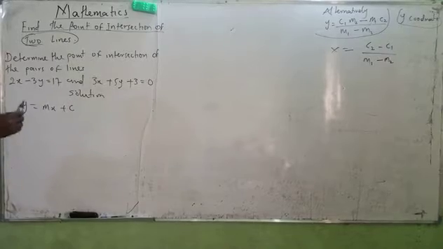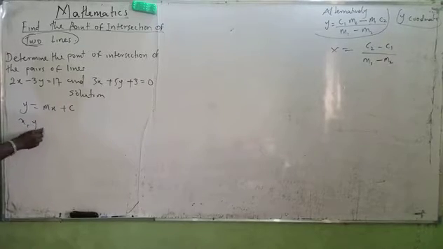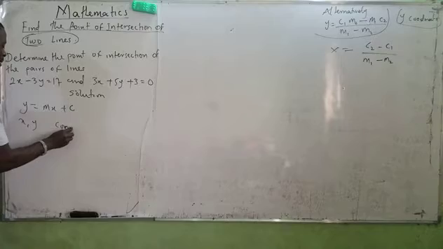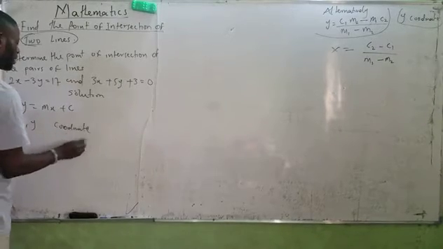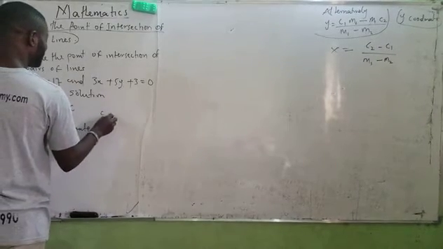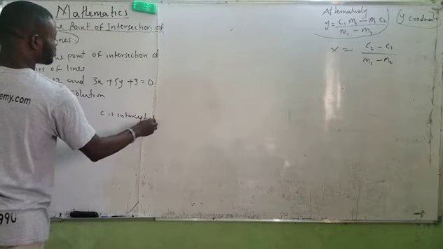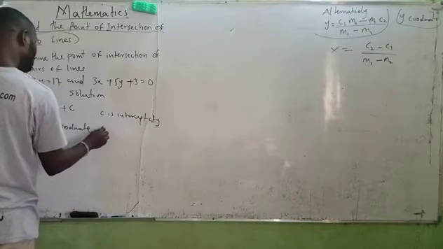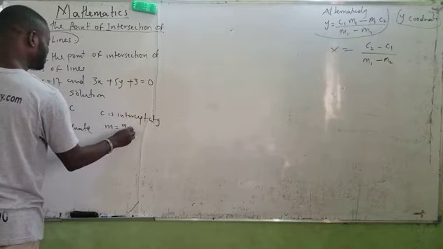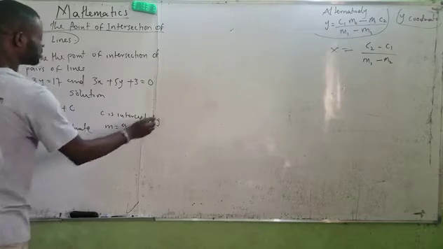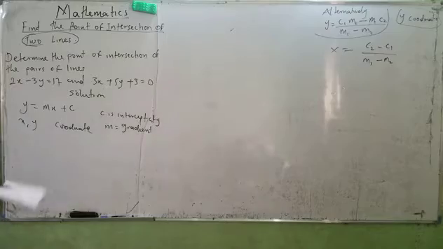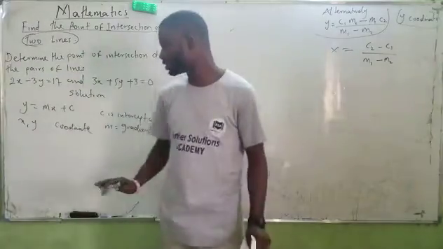Very, very important. x, y are called coordinates, and c is the intercept on y. And your m is the gradient. Don't forget those things. They are very, very important.